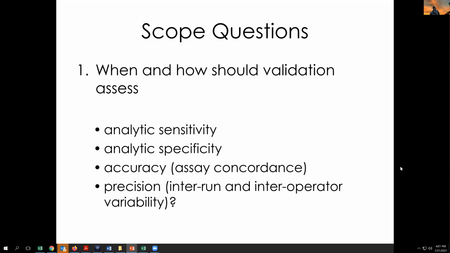This was important to assess the analytical sensitivity and specificity of these tests, accuracy, and precision. These questions, of course, we think of often in the clinical laboratory, but we also need to apply these in the anatomic pathology laboratory as we begin to do more of these sorts of things. And so the scope of evaluation included these questions.